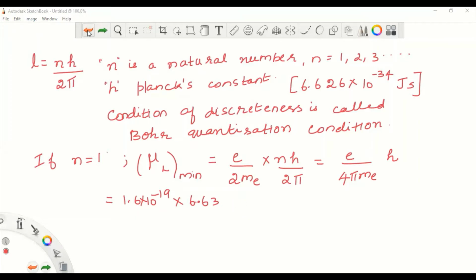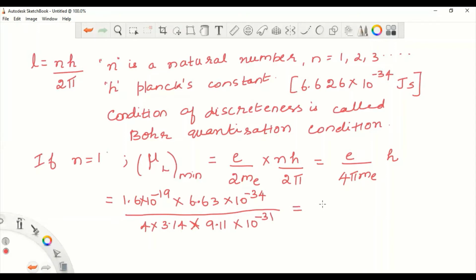Let us take only two digits, that will be easy for us. So 4 into 3.14 into 9.11, the mass of the electron, into 10 power minus 31. When you calculate this, you will get 9.27 into 10 power minus 24 ampere meter squared.